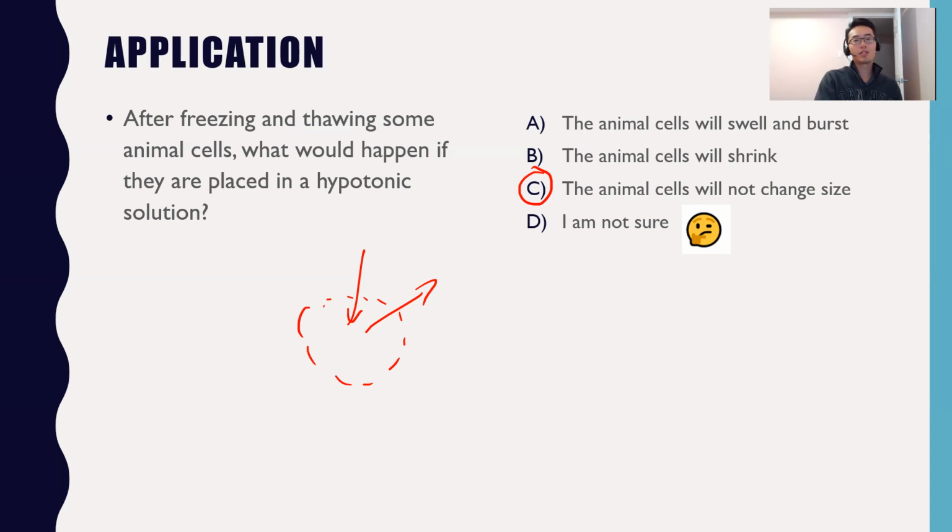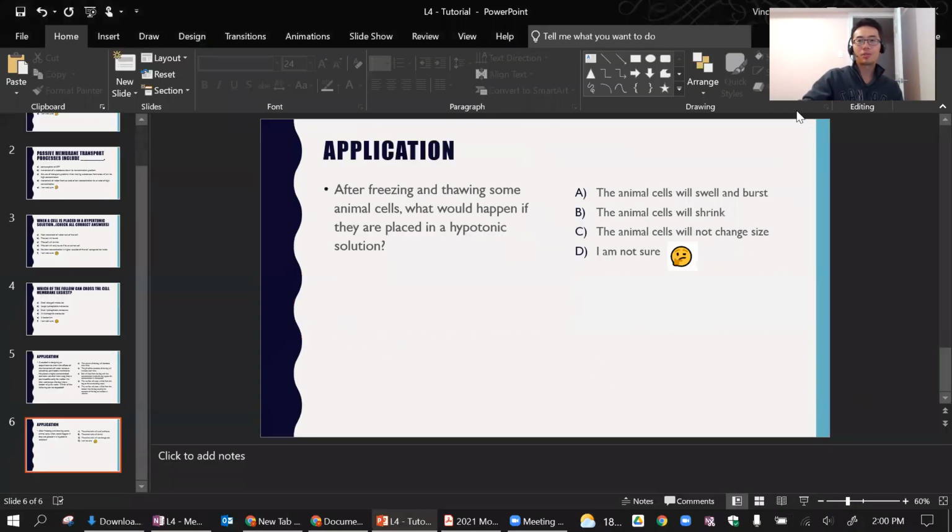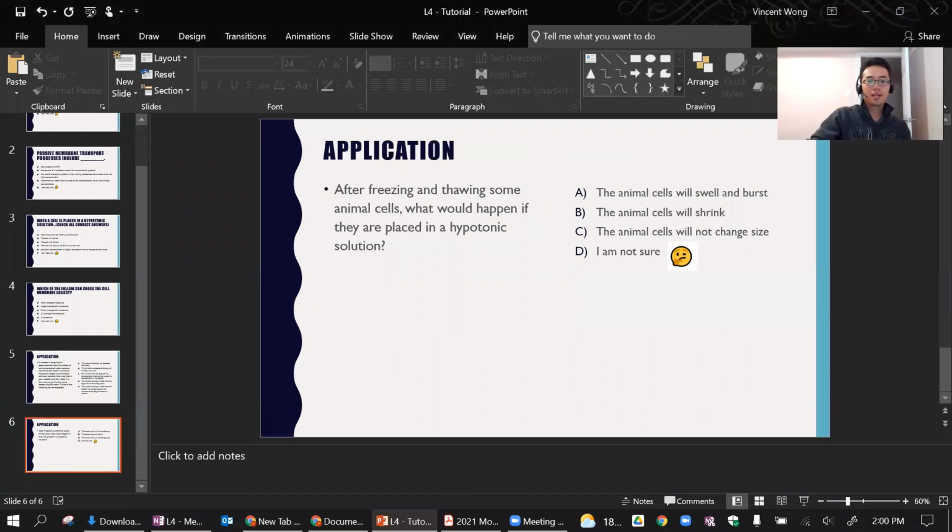How come if you freeze the egg, you're not going to kill the egg? Anybody thought of that before? Not sure, eh? All right, that's your food for thought this week. If you figure out the answer, you can send me an email. If not, I will tell you next time.